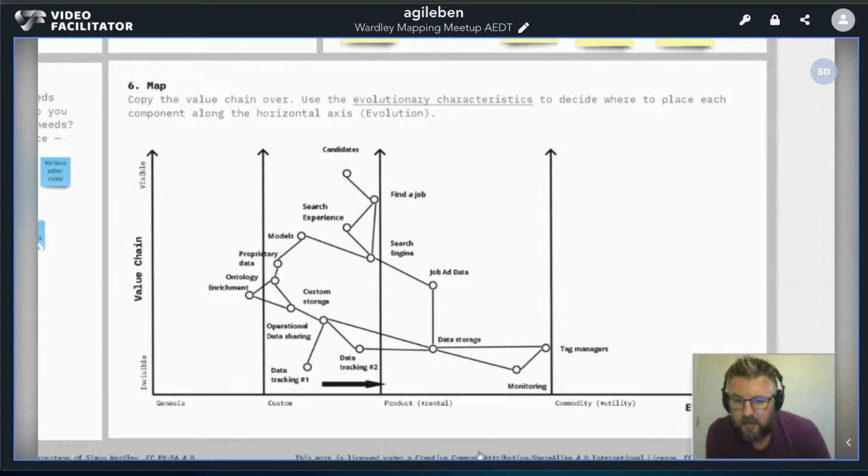But you'll see that I've got a black arrow down the bottom. You can see that we had multiple data tracking solutions. One of the things that we discussed was that I think we had about 10, and 8 out of 10 of the solutions were custom solutions, all doing the same thing.